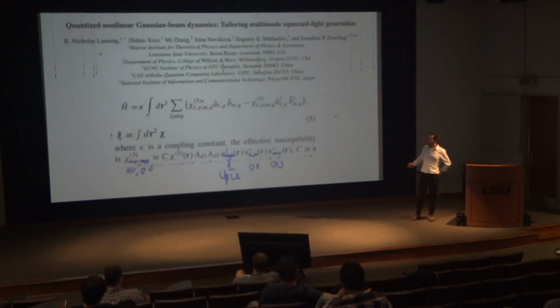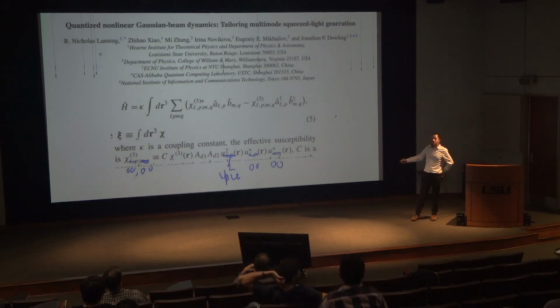It's the usual tensor, but for this case it's only 1D because I'm only looking at a structured pump, while everything else is just the fundamental mode. And so this is basically the power of this interaction, of this chi3 nonlinear interaction.